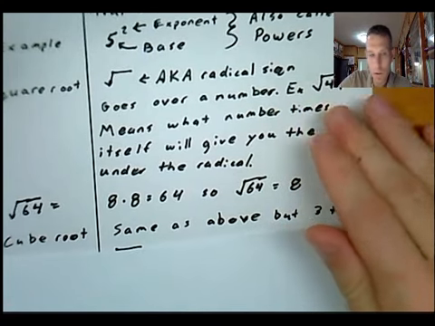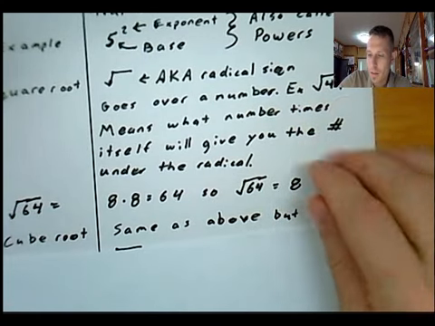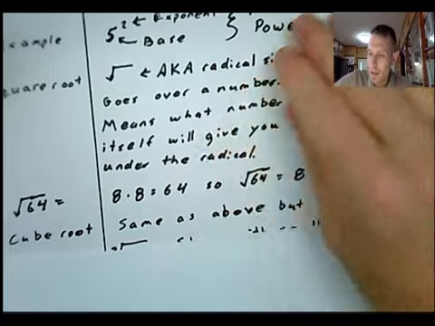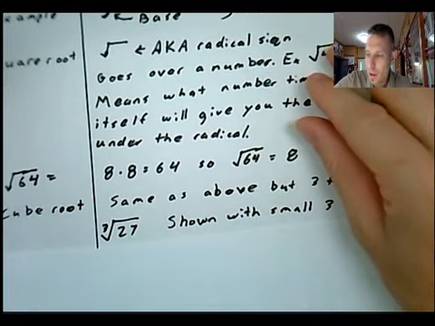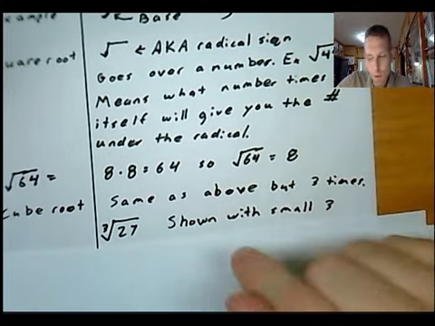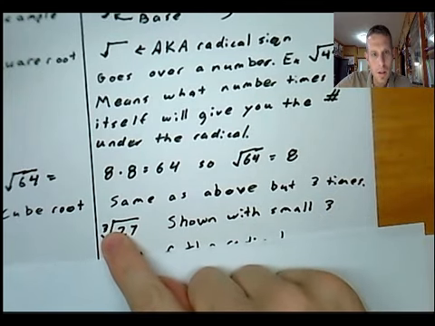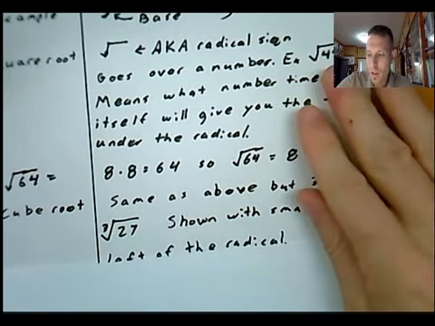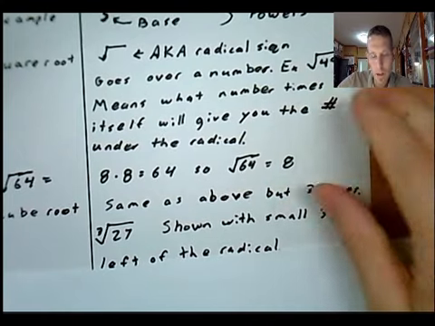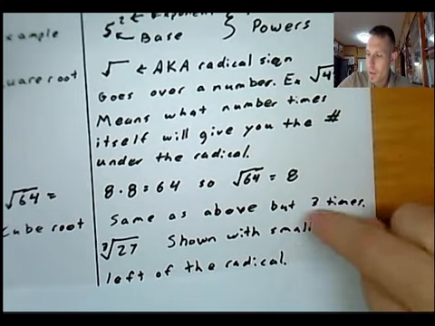And then we have one more called cube root. This will be as high as we go for today. That's the same as above, but it's not 3 times a number; you'll see the small 3 outside of the radical, to the left, and the number underneath is also called the base.